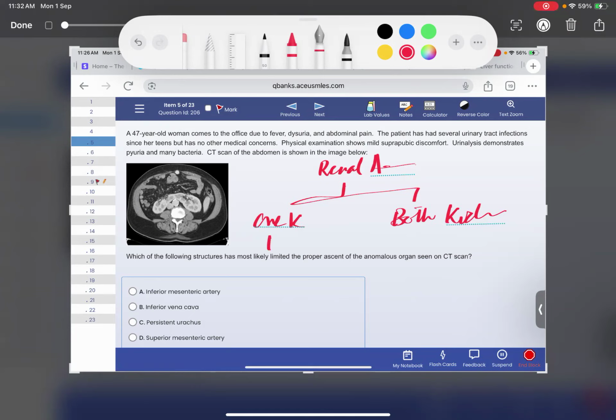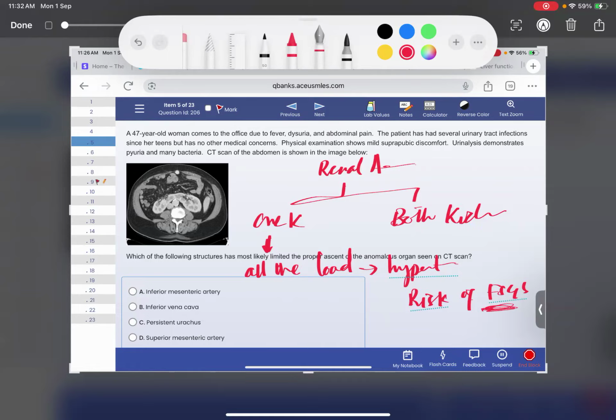If one kidney is missing and the other is present, the only kidney we have will be filtering all the load, right? So it will hypertrophy, and we have the risk of FSGS, focal segmental glomerulosclerosis.